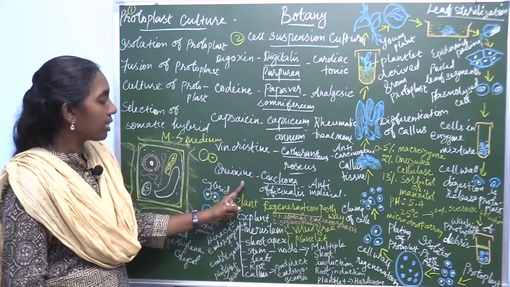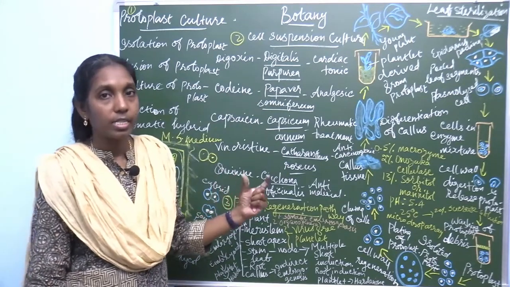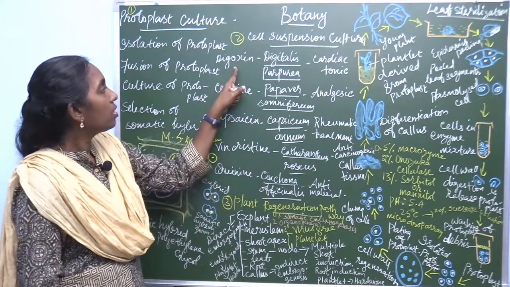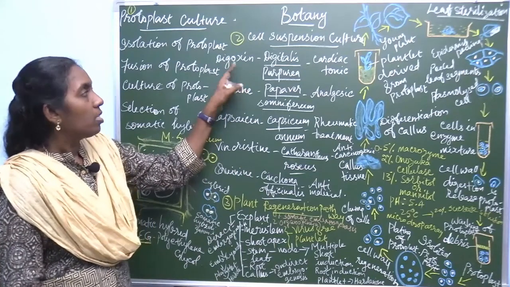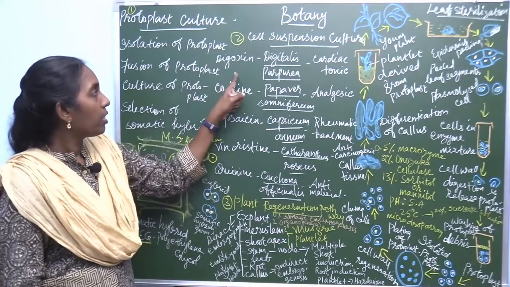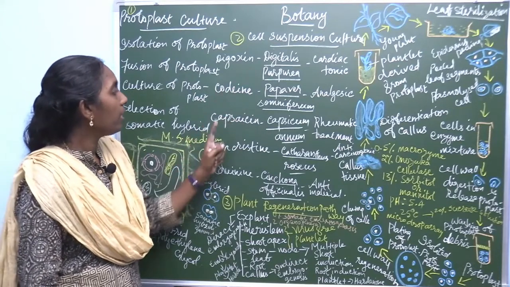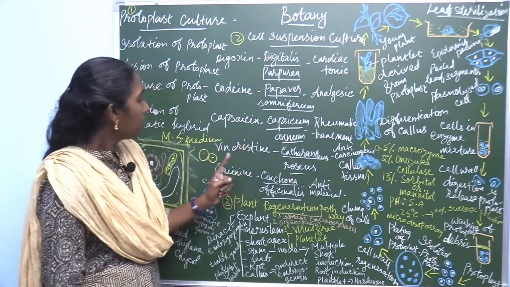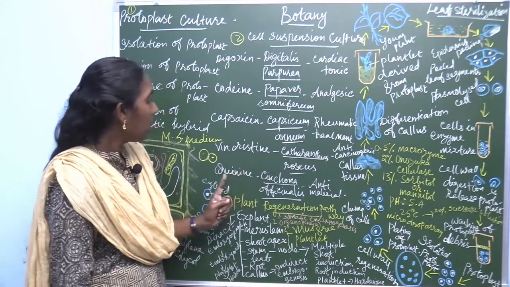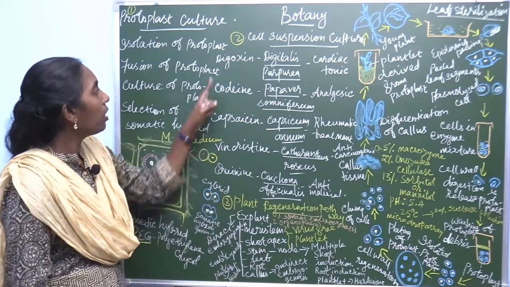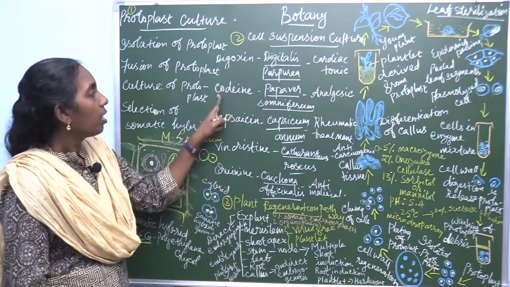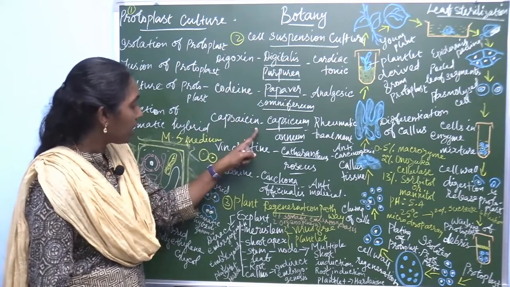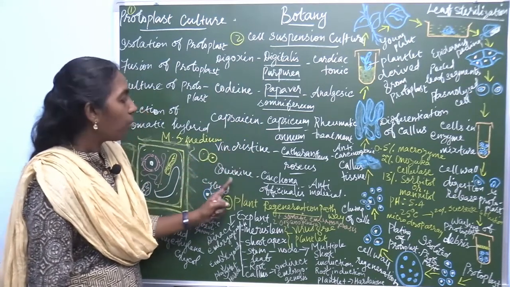There are 5 examples, and sometimes it may be asked as a 5-mark question. So learn these products or secondary metabolites: digoxin, codeine, capsaicin, vincristine, quinine.